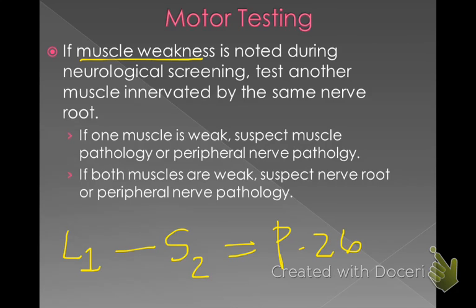For example, L1 is hip flexion, so we're going to manually muscle test the hip flexors as a group, whereas S2 is the hamstring muscle innervation, so we have the patient resist with their hamstrings during this test. Each nerve root has its own motor test, so we will have to perform each motor test individually to rule in or rule out specific nerve root pathologies.